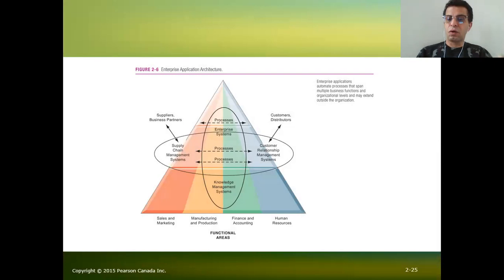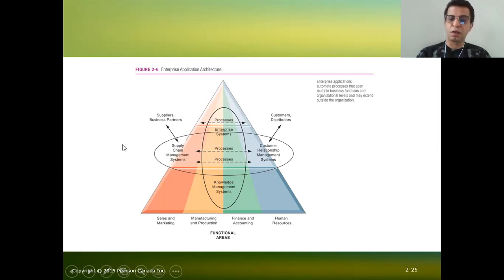So I'm not going to go into detail with this, but this is how the enterprise applications look and how they work. Very quickly, the functional areas: we have sales and marketing, manufacturing and production, finance and accounting, and human resources. We have the CRM system, and in the back end, the supply chain system.